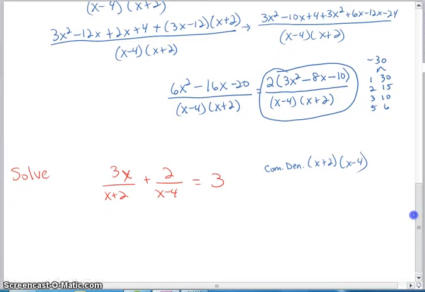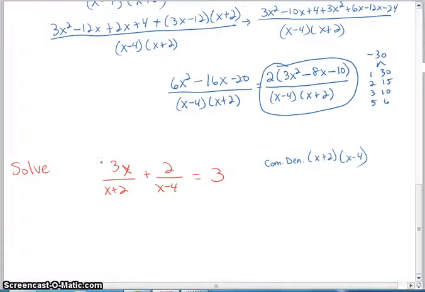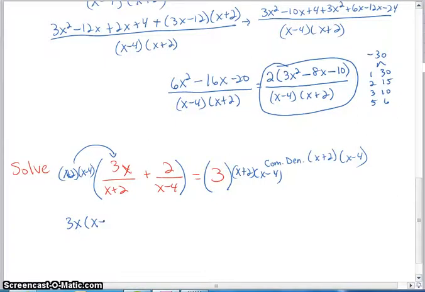Okay. So now let's look at this problem. What do I do with the common denominator here? Now I multiply by the common denominator so I can get rid of some fractions. So multiply here, and I have 3x times x minus 4. That's all that's left. Multiply here, and I have 2 times x plus 2. Multiply on this side, and I have 3x plus 6 times the x minus 4 again.